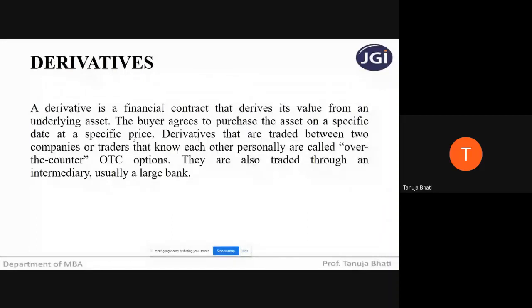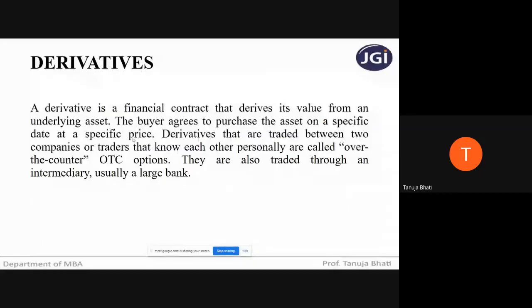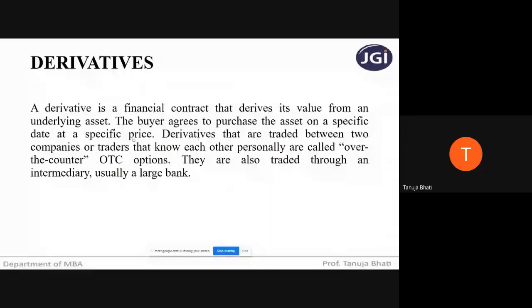Suppose on the future date, the price of the asset, just to give you an example, is 1 lakh rupees, and the buyer has entered into a derivative for purchasing the asset at 1 lakh rupees, and later at a future date the value of the asset has become 1,50,000 rupees. But still the seller has to sell the buyer the asset at 1 lakh only and not 1,50,000, because the buyer had entered into a derivative with the seller.